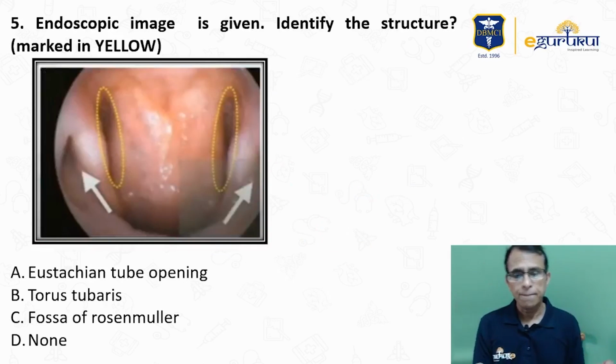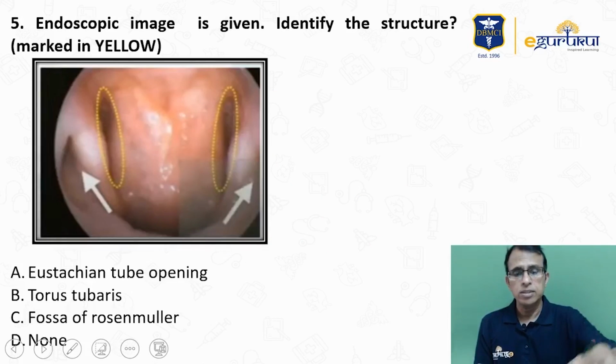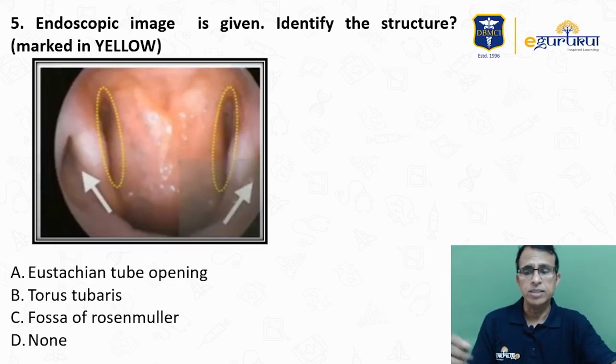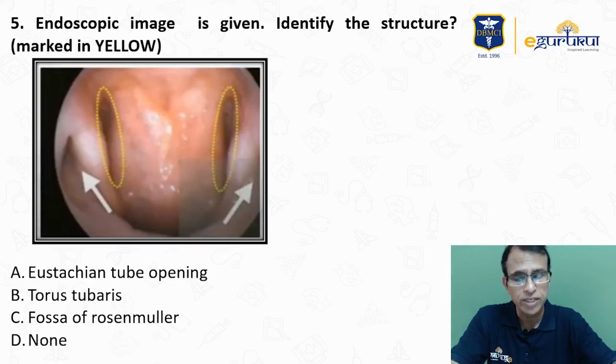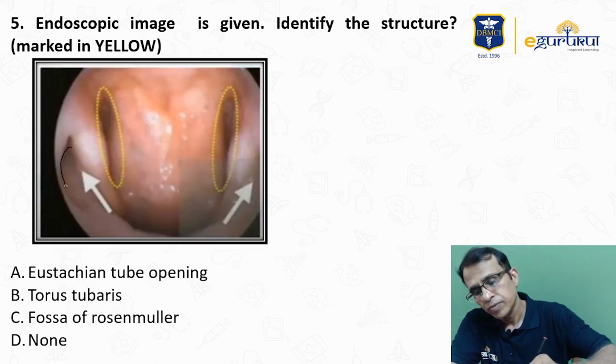Then next one. Now this is an image of the nasopharynx, and in this yellow circle marked area, basically an endoscopy of the nose and nasopharynx, they're asking you to identify this area. See this arrow, which is here, you can't see on this side, it is cut.